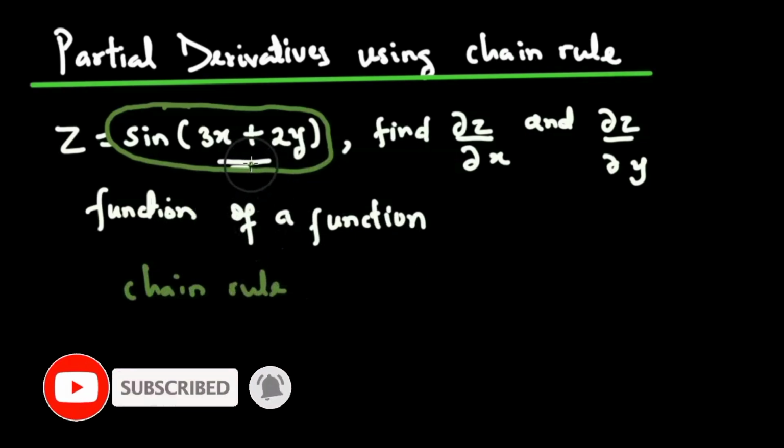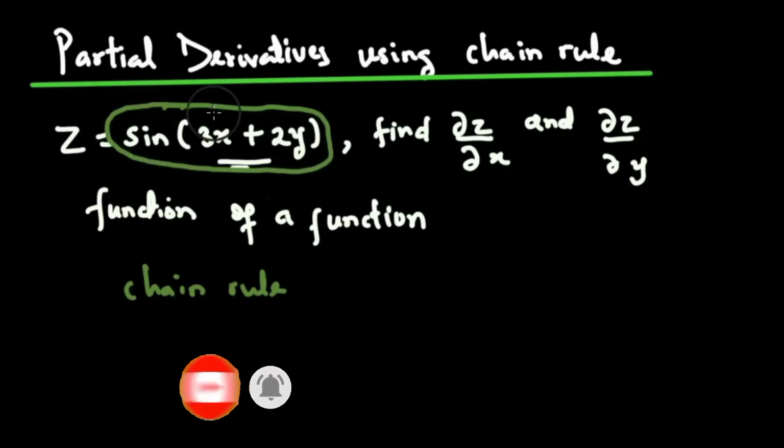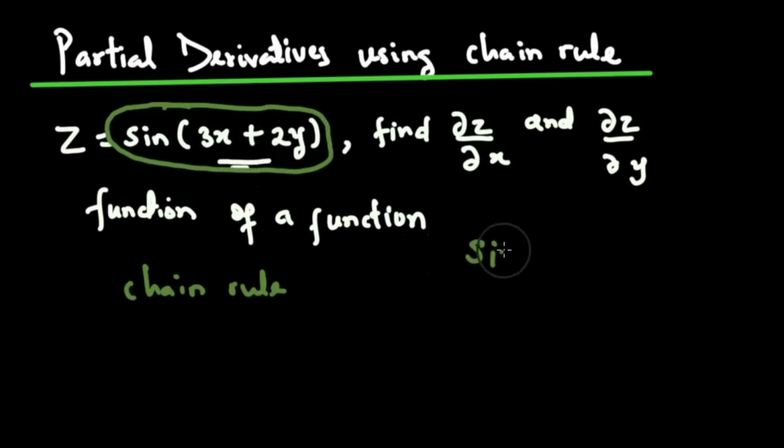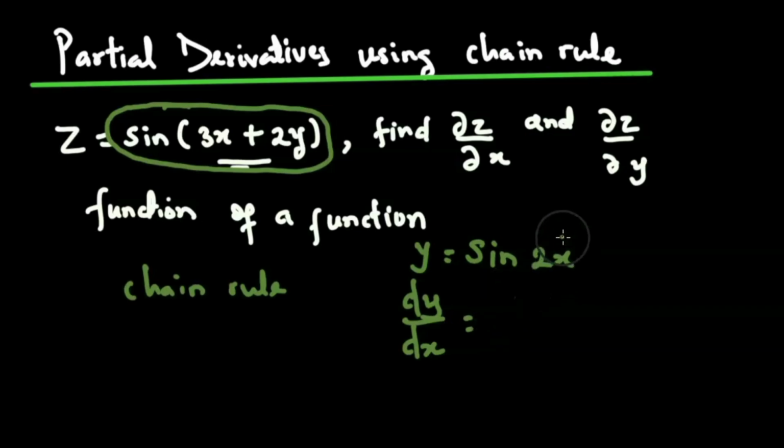Now, the fastest way to use chain rule is to differentiate the inner function. If y is equal to sine 2x, I want to differentiate it. This is not a multivariable function, so if I want to find dy dx using chain rule, I'm going to differentiate the inner function. When I differentiate 2x, I'm left with 2.